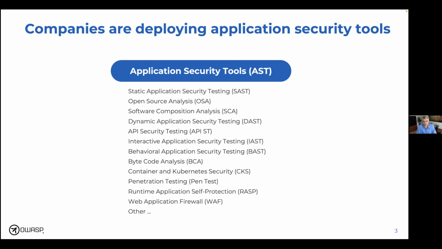Open source analysis and software composition analysis are looking at what components are used within the code and their vulnerability status. Dynamic application security testing is like an automated pen test and is another very popular category. But there are other categories like container and Kubernetes security, and how you can bring penetration testing results into your DevOps environment, and others.